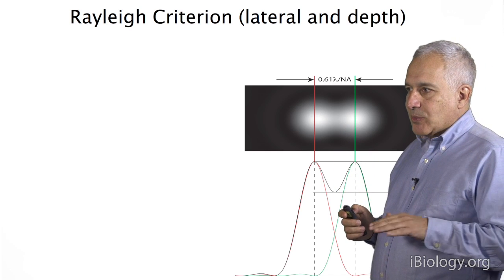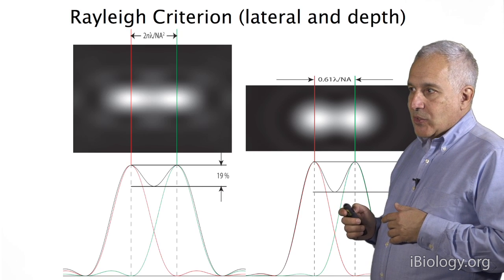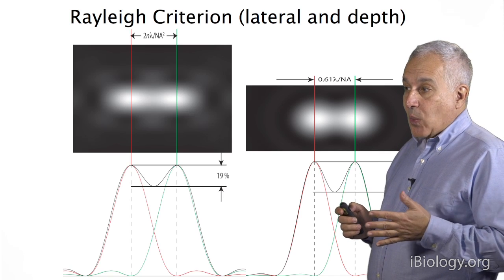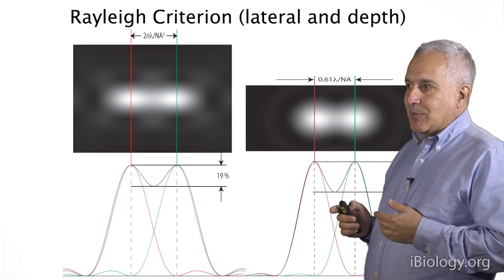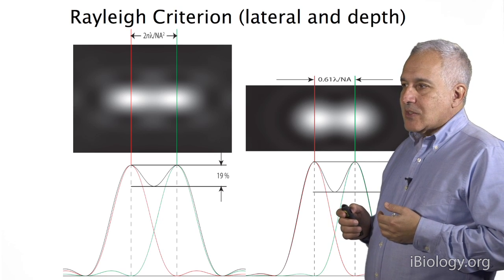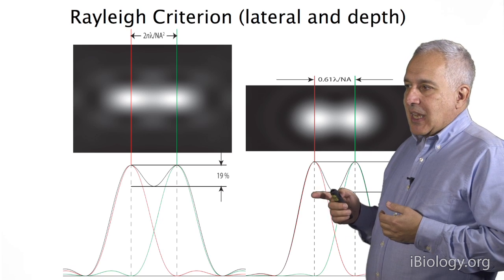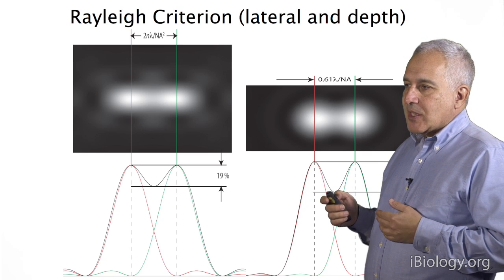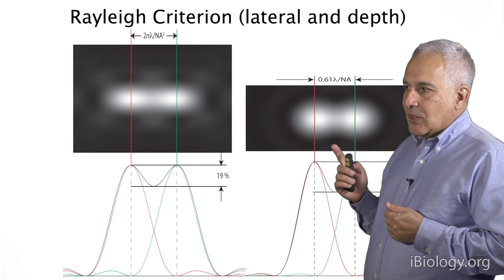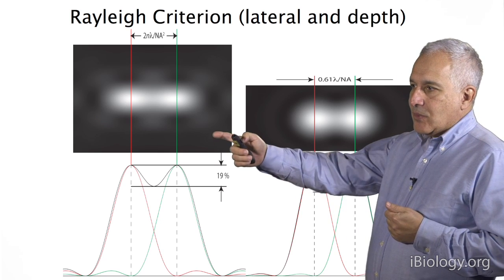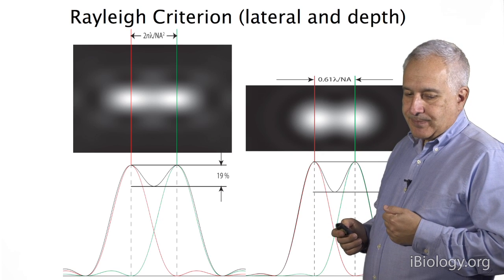So that's the lateral resolution Rayleigh criterion. You could also have an XZ or YZ, in-depth Rayleigh criterion, which would now be 2n lambda over NA squared, based on something I told you in a previous discussion, and that is also a drop of around 19% between the two. So those would be the lateral and the depth Rayleigh criteria.